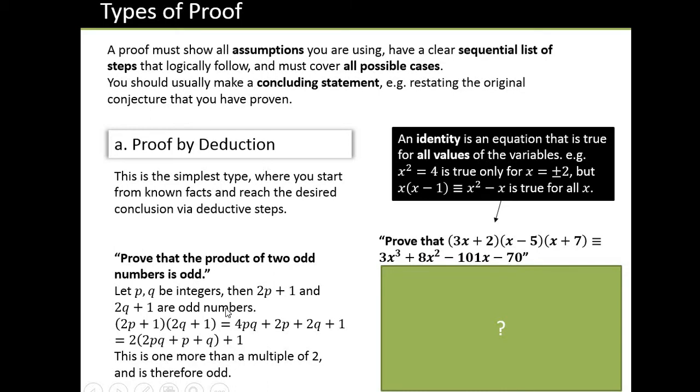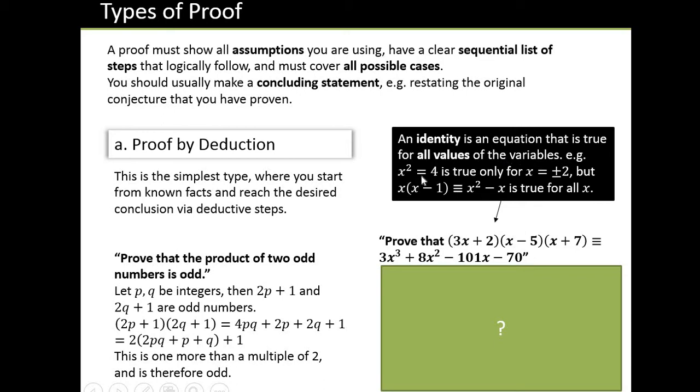You may just be asked to show an identity is true, and these are quite nice proofs if you're good with simplifying expressions and good with your algebra. So an identity is an equation that's true for all values of a particular variable.